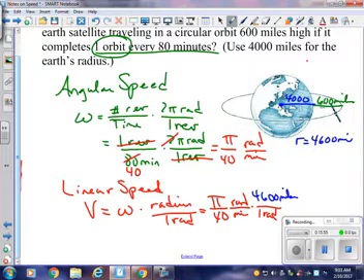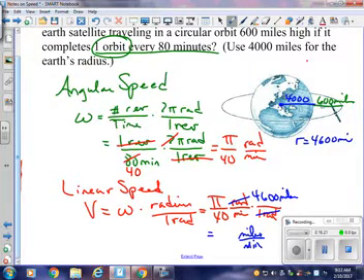So now I need the radians to cancel so I can get miles per minute. And I will take 4,600 times pi divided by 40 so that I can see what that actually comes out to be. And in this case, it comes out to be something that we need to round.